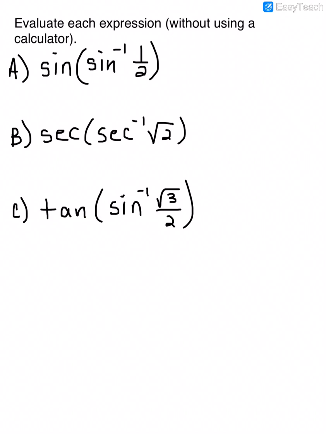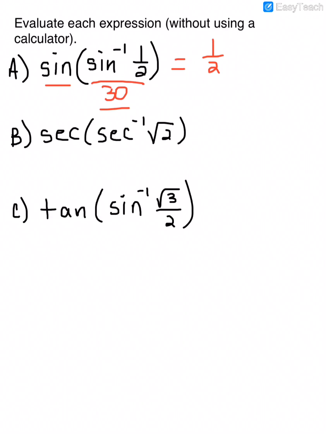All right, this is to evaluate each expression without using a calculator. All right, so if you'll remember, when we're finding the inverse, we're saying what angle has this value. So we're saying the angle whose sine is 1/2. Well, we know that the angle whose sine is 1/2 is 30 degrees. But then the sine of 30 degrees is 1/2.